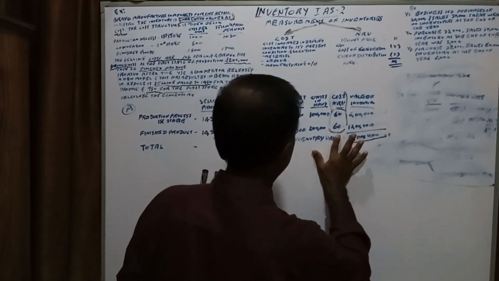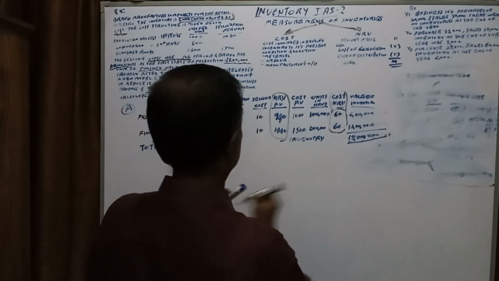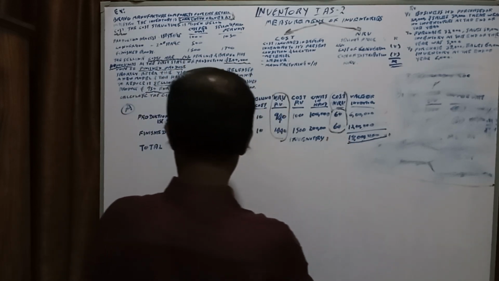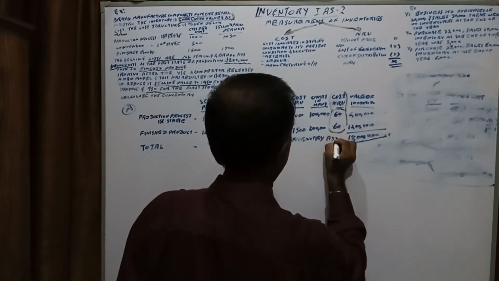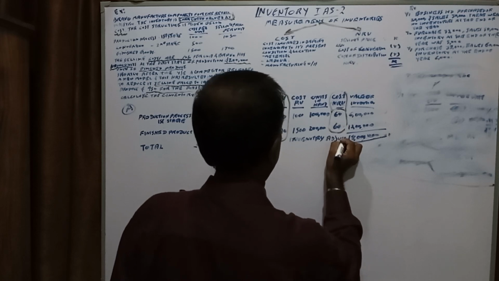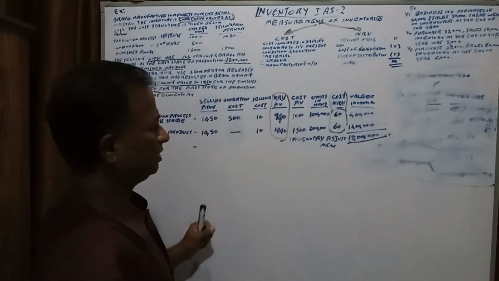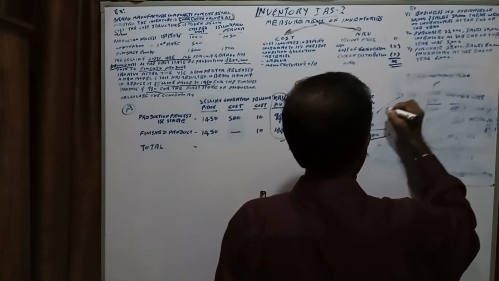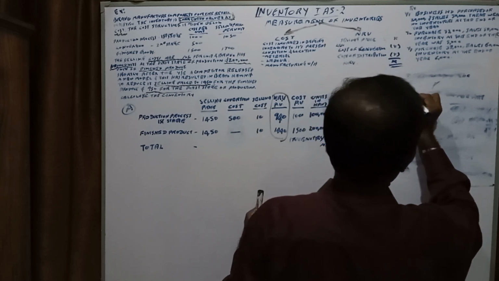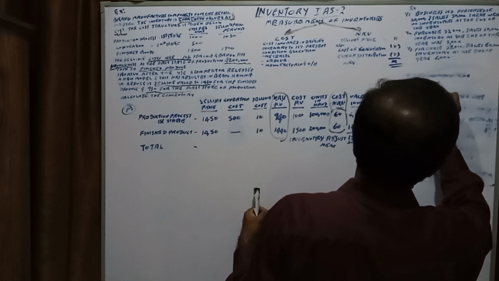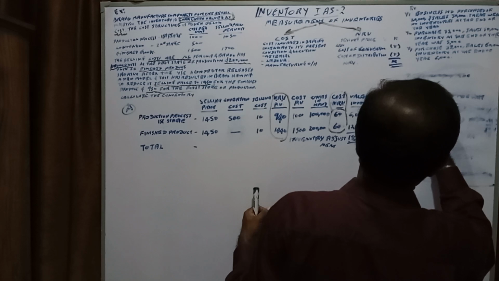Inventory adjustment. This has to be debited to the profit and loss account and credited to inventory.